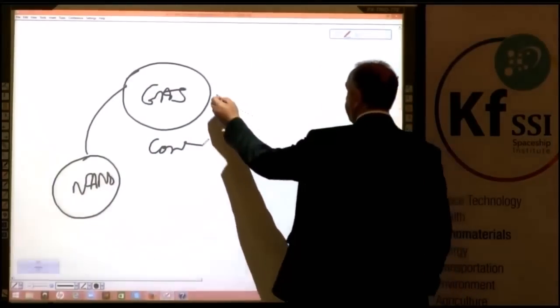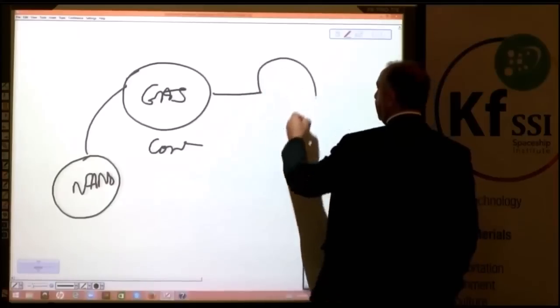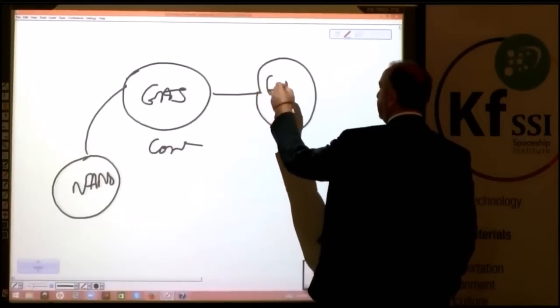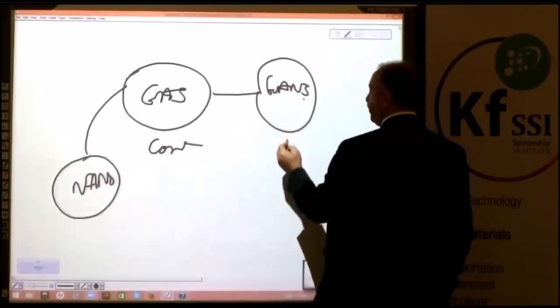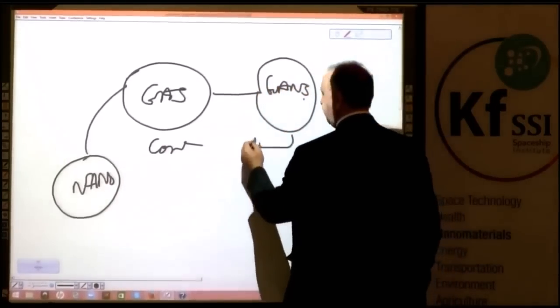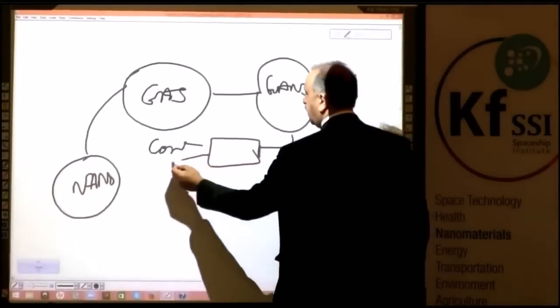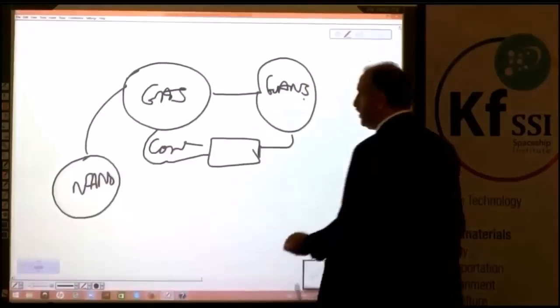And in the process we brought in what we call the GANS cores, and a lot of you saw effects which were not normal and which you could not explain.